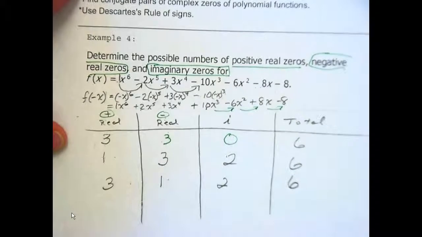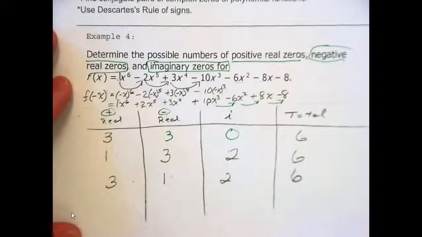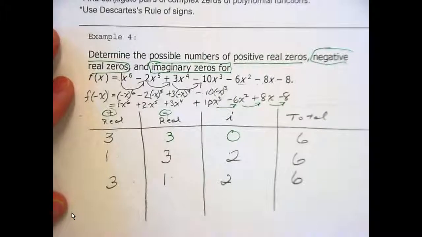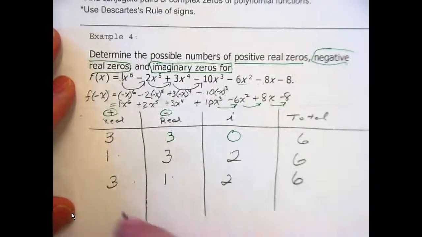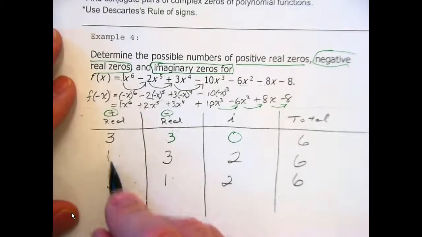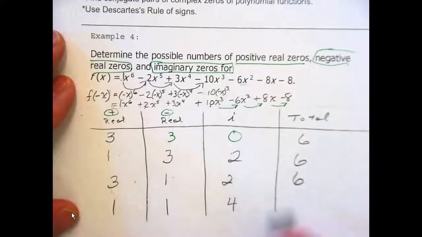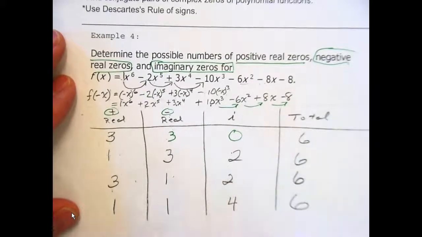There's one more option there. Okay, what's our other option? Good. We could have 1. We could have 1 and 4, which means we have our 6.